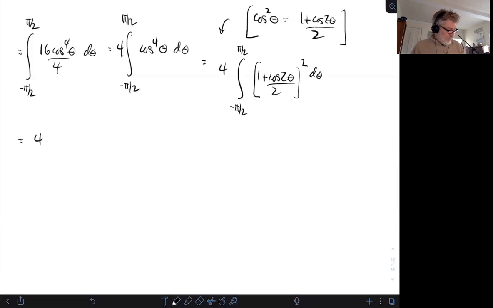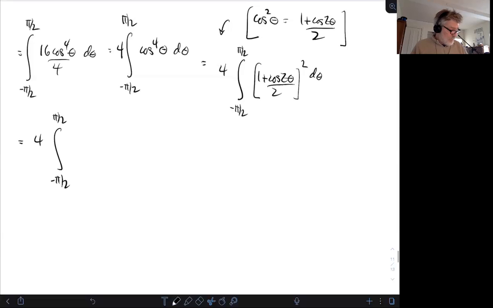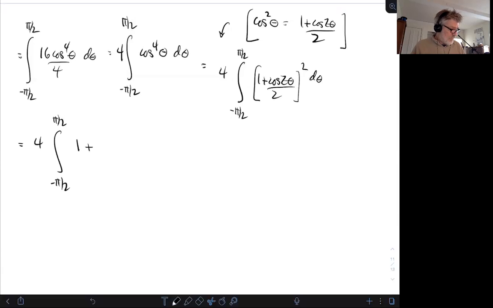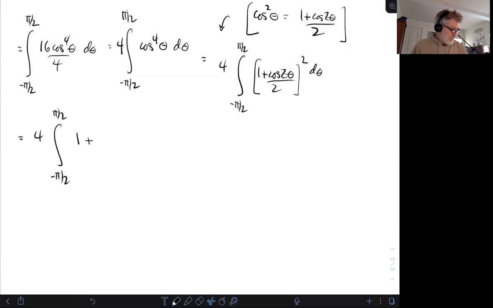Expand the square: 1 plus 2 cos 2 theta plus cos squared 2 theta, divided by 4.